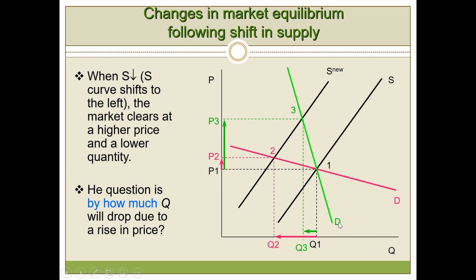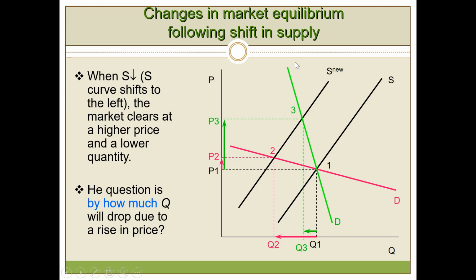And we've learned that different shapes of demand curve can result in different effects. For example, if our demand curve looks like this red line, this usually implies that a small percentage change in price can lead to a dramatically larger reduction in quantity. When we move from equilibrium point 1 to equilibrium point 2, price increases by a little bit, and this leads to a dramatic drop in quantity which consumers are buying at this new price.